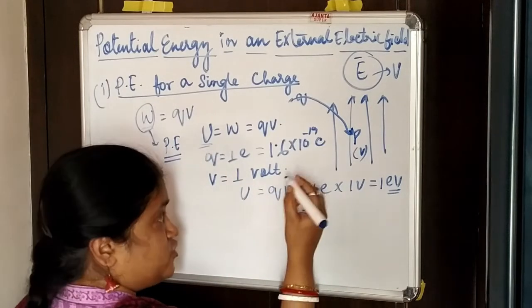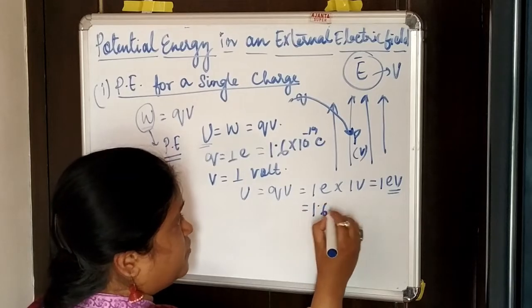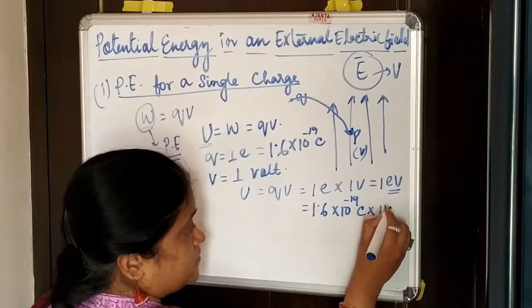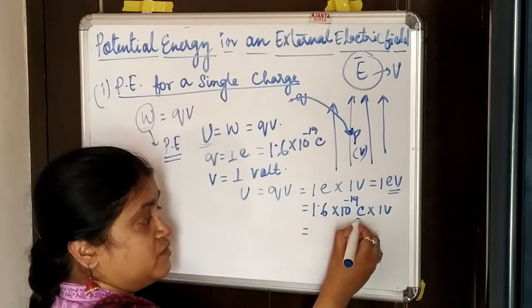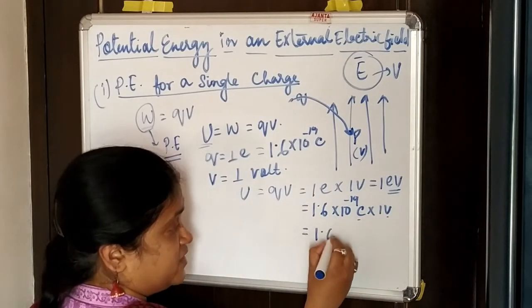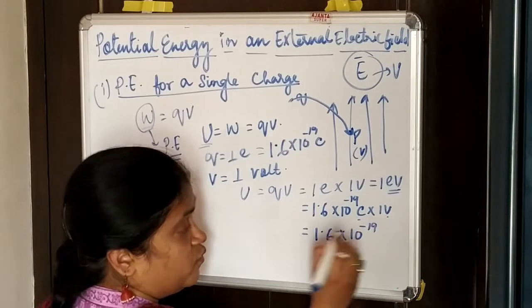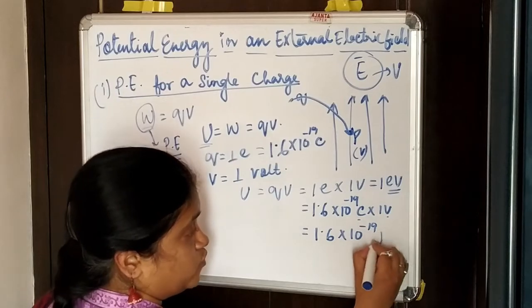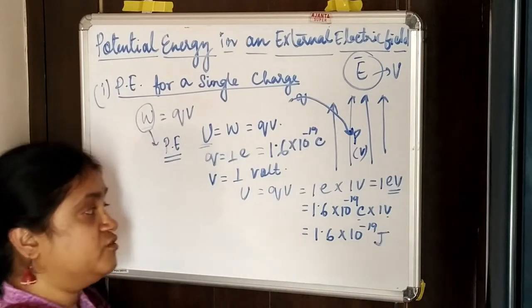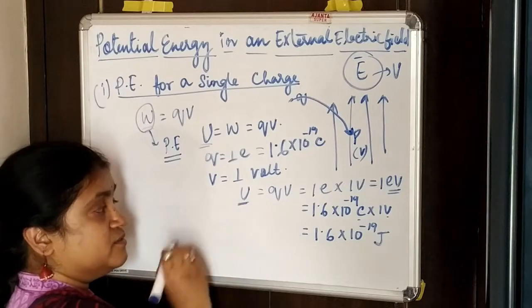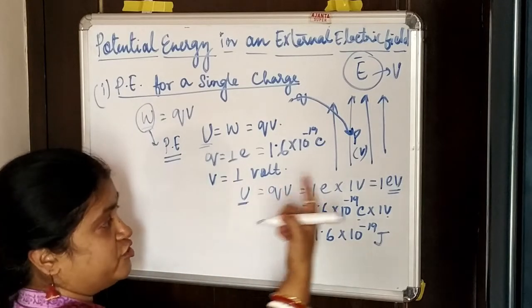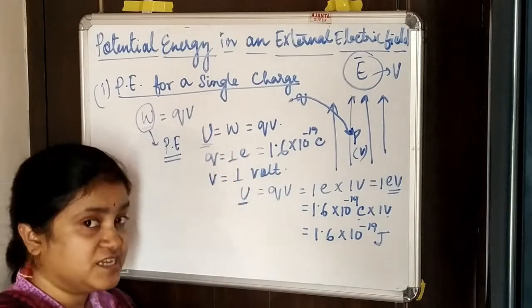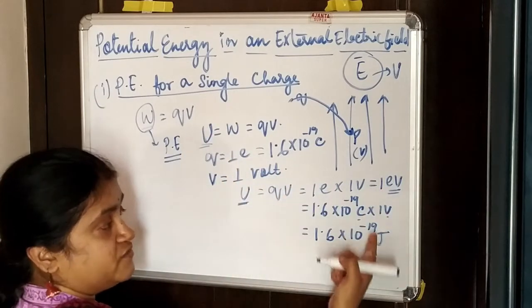Now if I substitute it, this gives me 1.6 into 10 power minus 19 coulomb into 1 volt, and coulomb into volt gives me another very well known unit, that is called joule. So from here we know that the potential energy, specifically when we are talking about the potential energy of a single charge, has two different units.